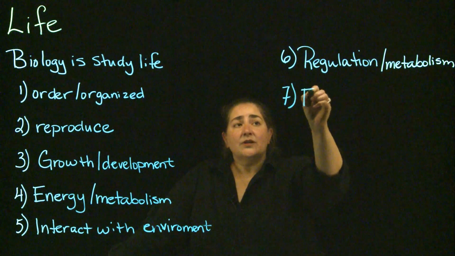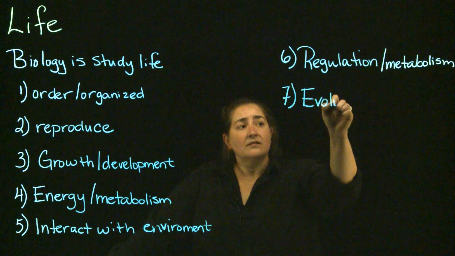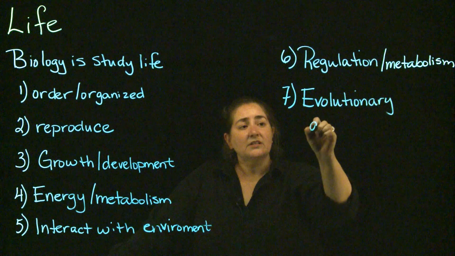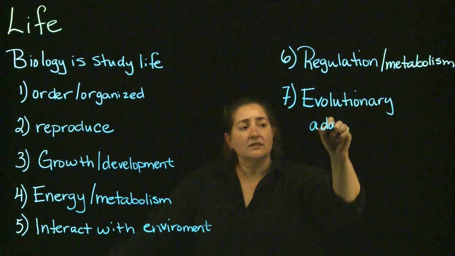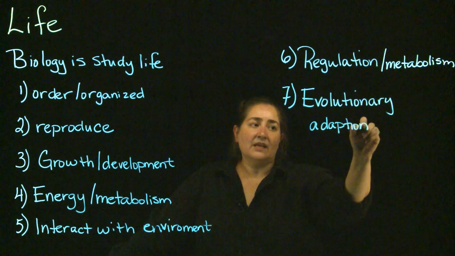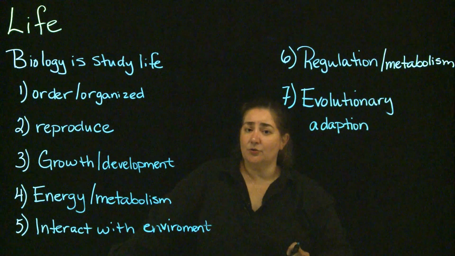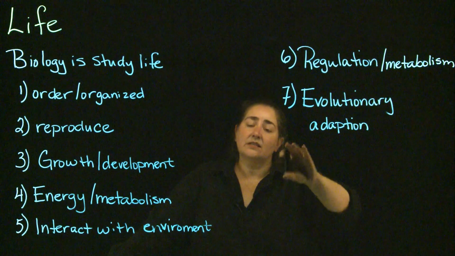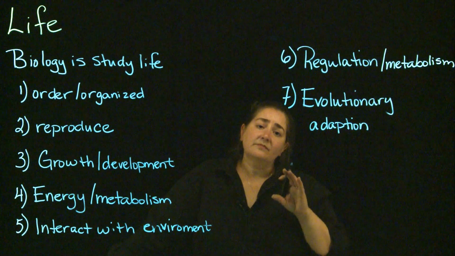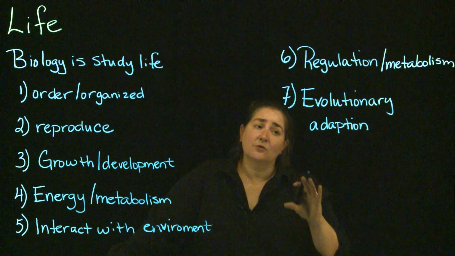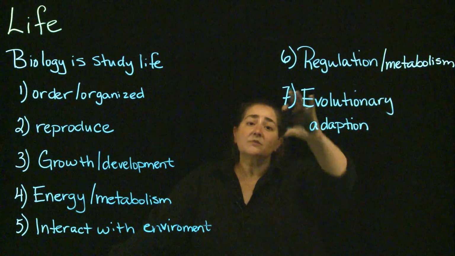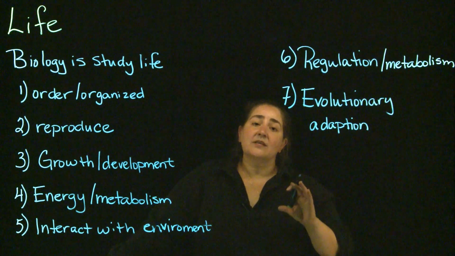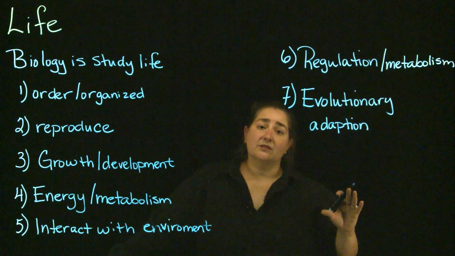And then the last one is the ability to undergo evolutionary adaptation. And we haven't really talked about evolution yet, okay? But evolution essentially is changes that happen over time. So in terms of evolution and adapting, an organism has to be able to adapt to its environment, all right?